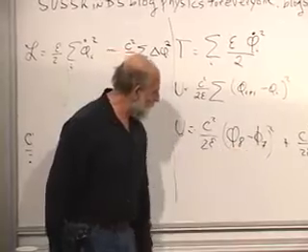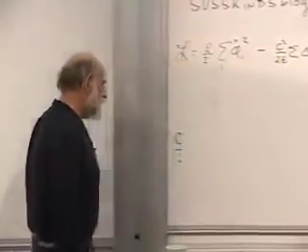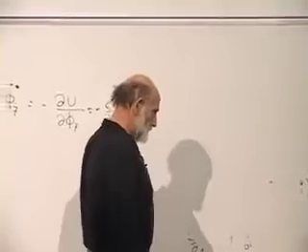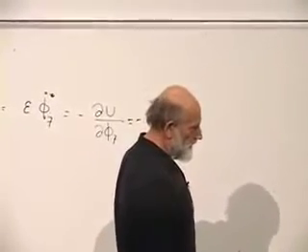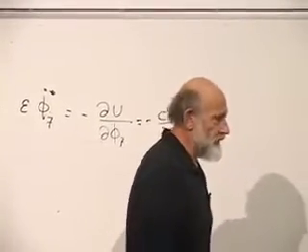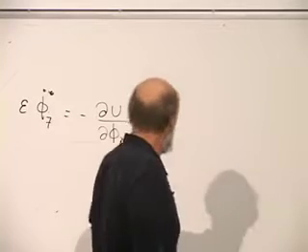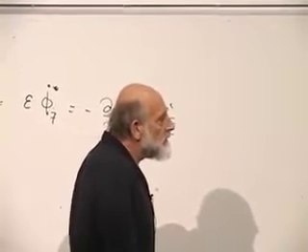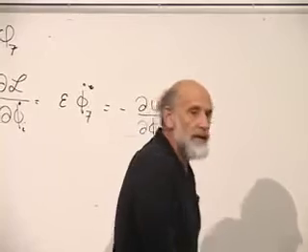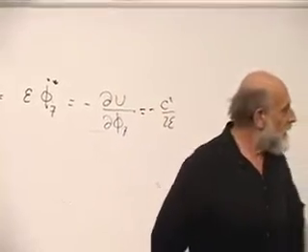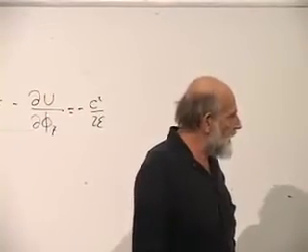What's the derivative of this with respect to phi 7? Well, it's twice phi 7 minus phi 8. Is that right? Yeah. Say it again? Phi 8 minus phi 7, yeah.